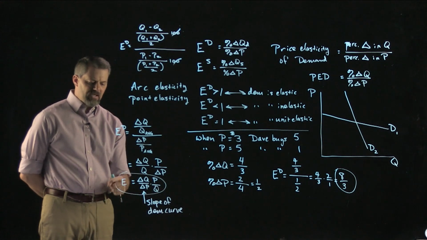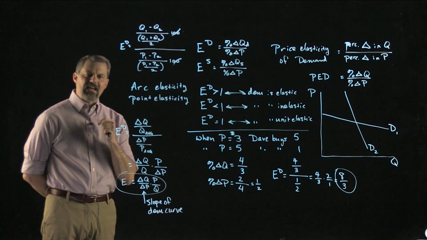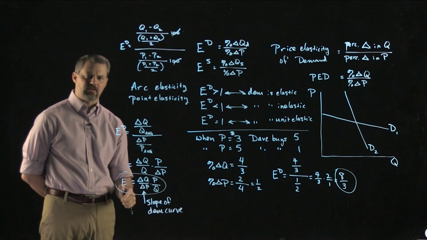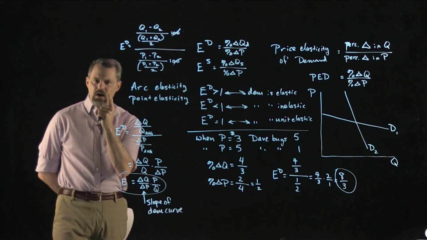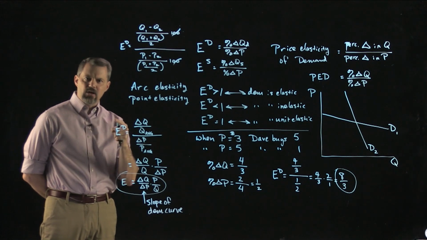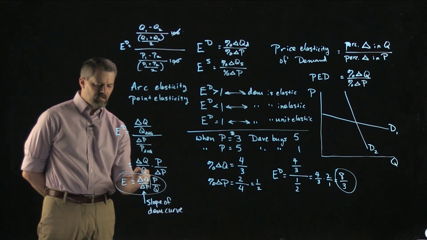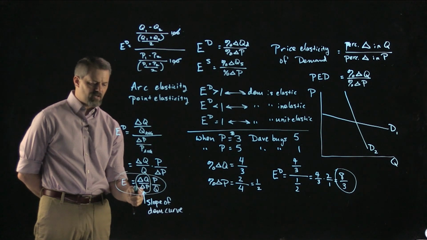Since we're working with the function of the demand curve, we can take advantage of that and calculate elasticity more easily. We don't need two prices and two quantities. All we need is one price, the quantity that goes with it, and then the slope of the demand curve. This whole term is the slope of the demand curve. I don't want you to think about it as two different terms.